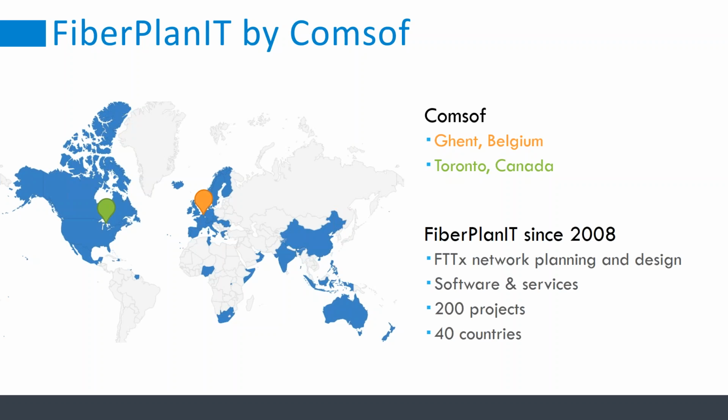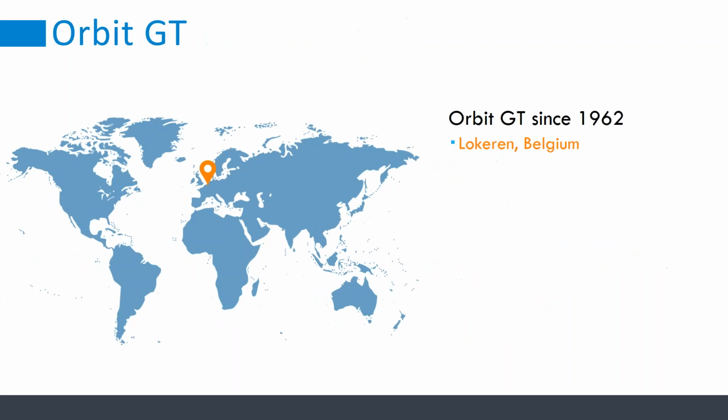We do this under the brand FiberPlanIT, and since 2008, we market this as a software solution. And we also offer network planning and design services. The software has been used in over 200 projects around the world in more than 40 countries. Now I'll let Lomme present his company.